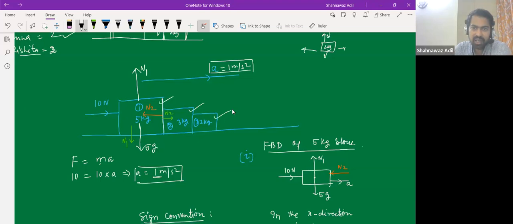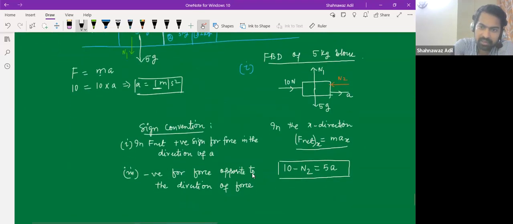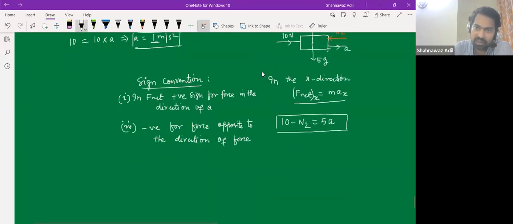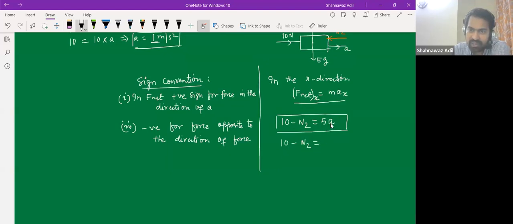We will write part by part, we will write all the free body diagrams. So first we are considering this 5 kg block. Yes, you are right, absolutely right, Rishita. So then this is 10 minus N2 equals 5a. As Rishita said, this is 5 into 1.